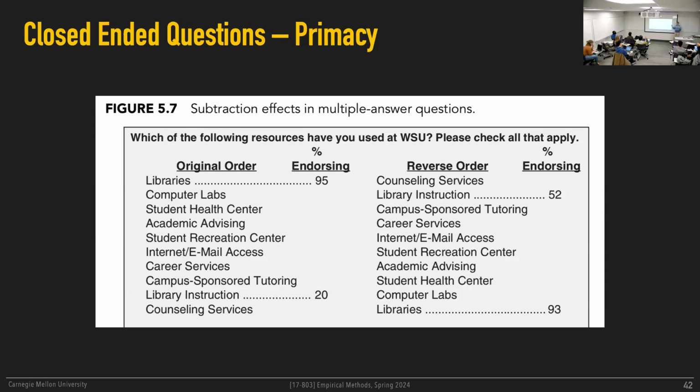That's my interpretation here. But can't you have the other one? Recency. Like if you have it by the end. Right, but we're not seeing that for libraries because it's about the same in both cases. Yes, you can have that both ways.